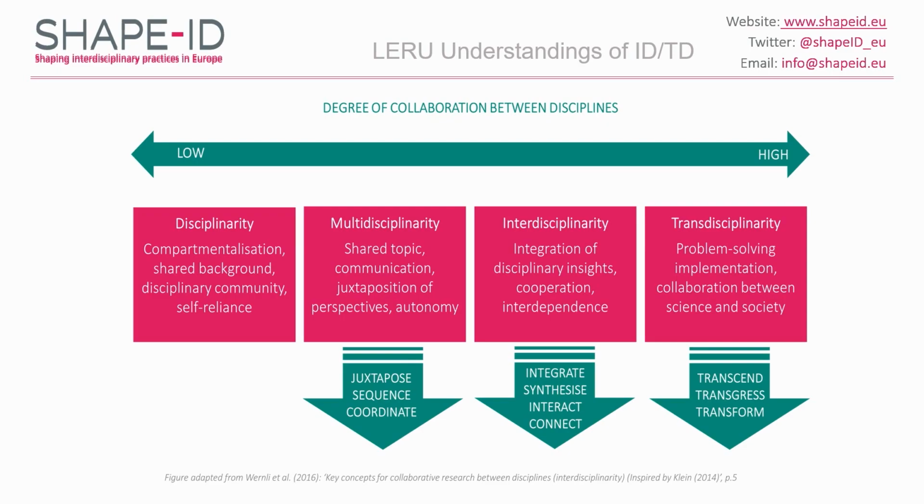It's a way of understanding disciplinarity to transdisciplinarity as a spectrum, where disciplinarity is working within one approach, multidisciplinarity is working within parallel tracks, interdisciplinarity is working with some level of integration, and transdisciplinarity is going beyond that and including people outside of academia in the research. And this is quite a common, it's not the only way of understanding it, but it's one common model of the relationship between these different kinds of research.